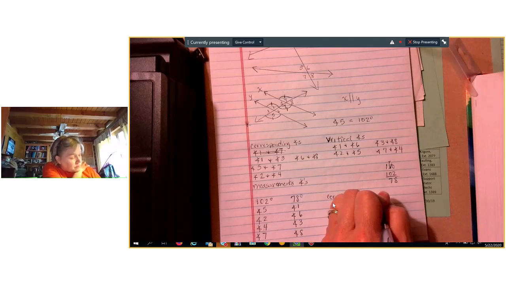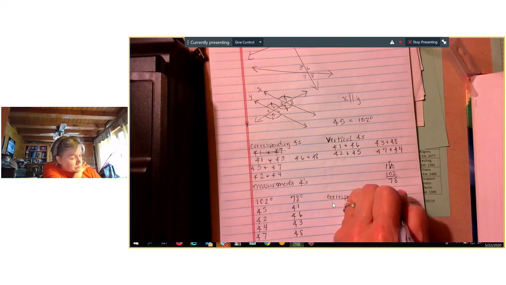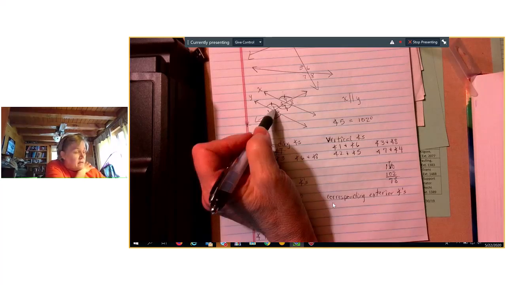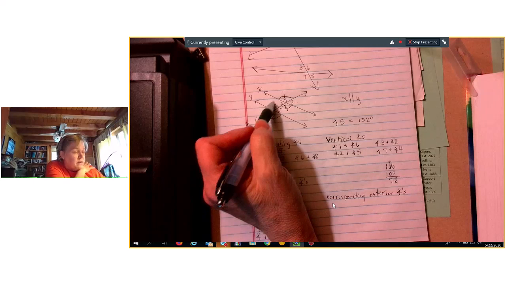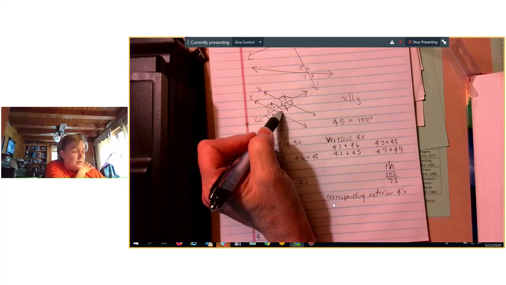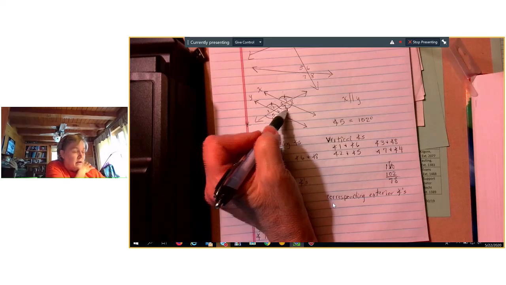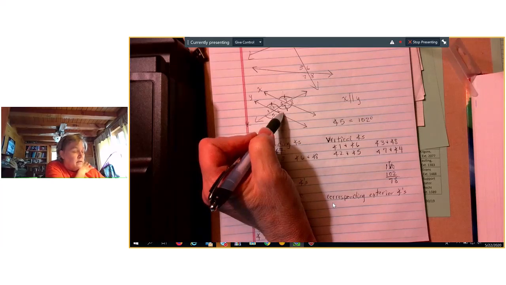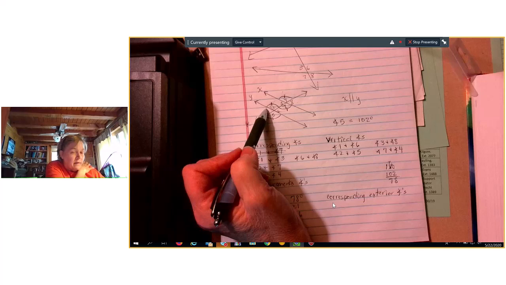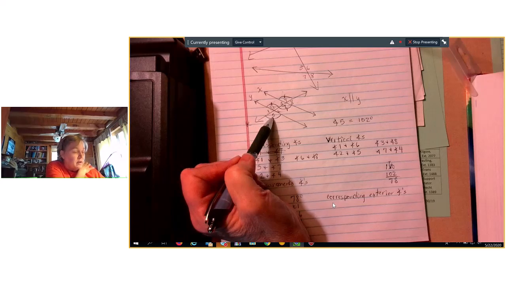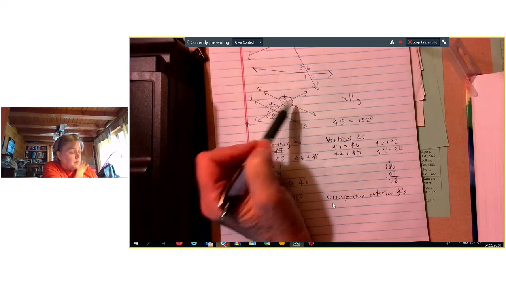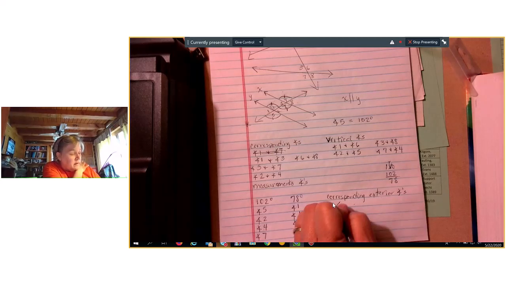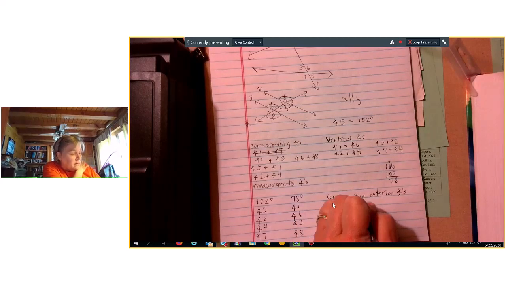And they're exterior because they're not inside between the two parallel lines. These 4 angles here are inside, so they're going to be interior. These 4 angles are outside the parallel lines, so these are going to be called exterior. So corresponding exterior angles is going to be angle 1 and angle 8.